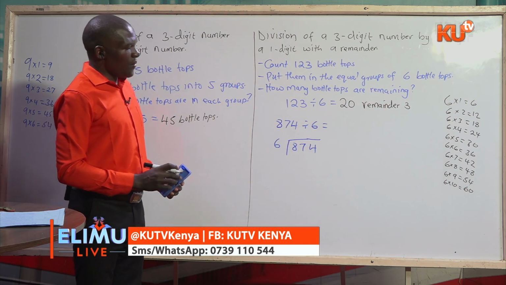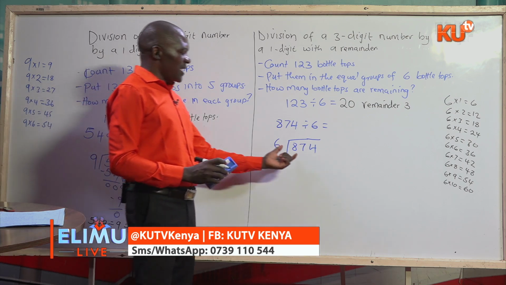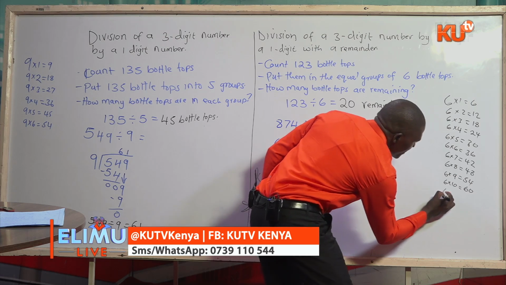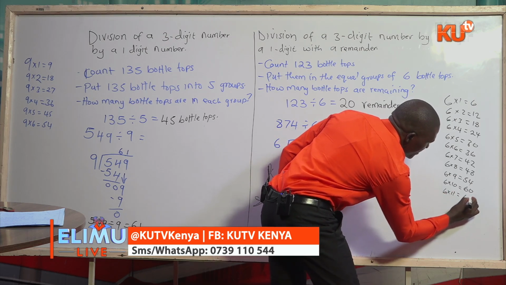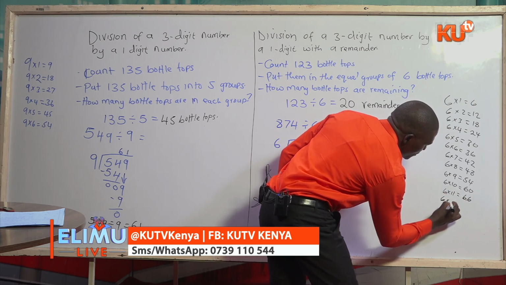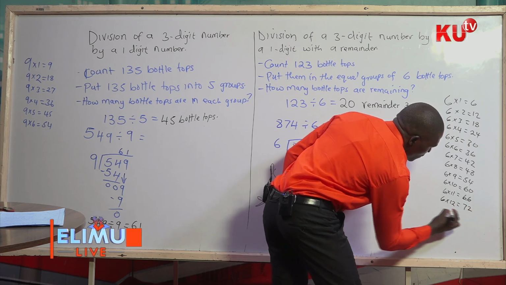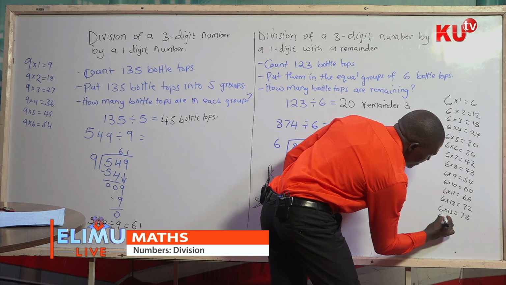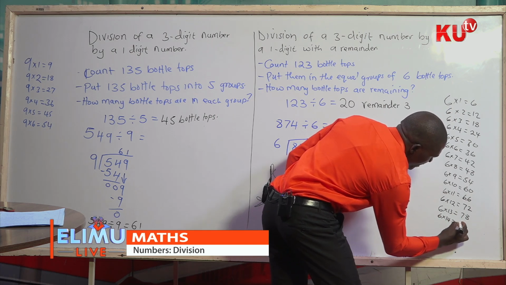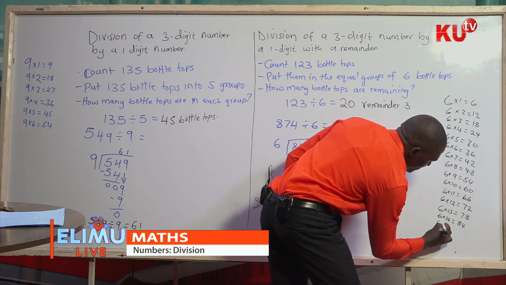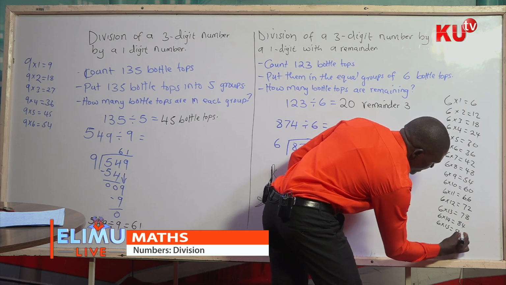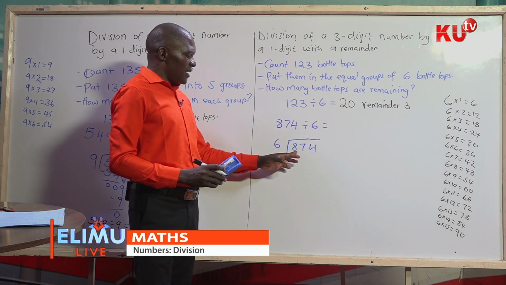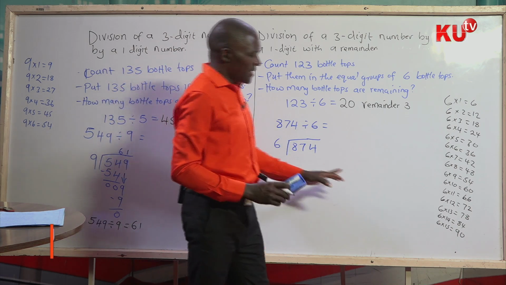That is now where we are, and we have not reached 87, so we have to continue. 6 times 11, 66. 6 times 12, 72. 6 times 13, 78. 6 times 14, that is 84. 6 times 15, that is 90. So our nearest number to 87 is 84.